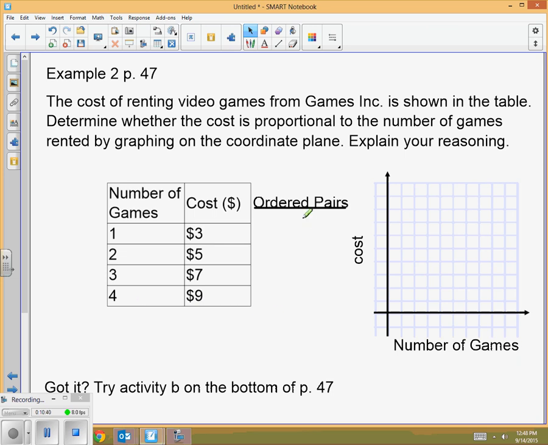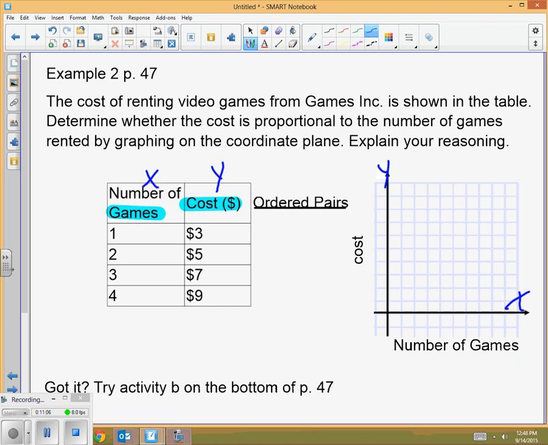For step 1, we need to write the two quantities, which are games and the cost. We need to write those as ordered pairs. So let's let the number of games be our x coordinate. So I'm going to call this x. And let's let the cost represent our y coordinate. So we'll call that y.